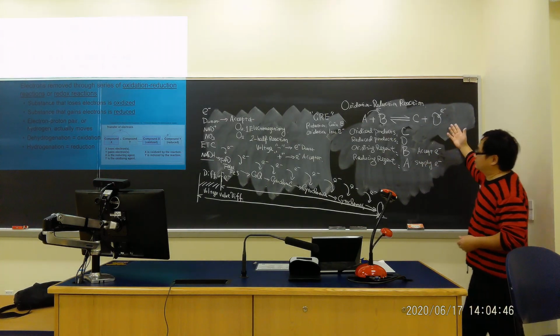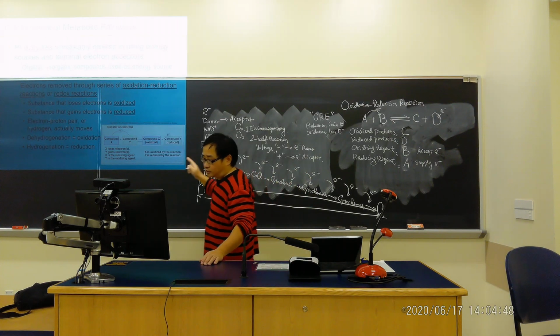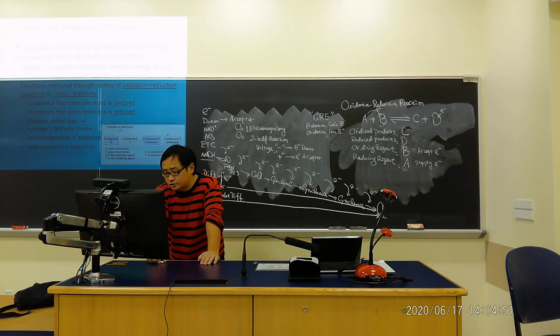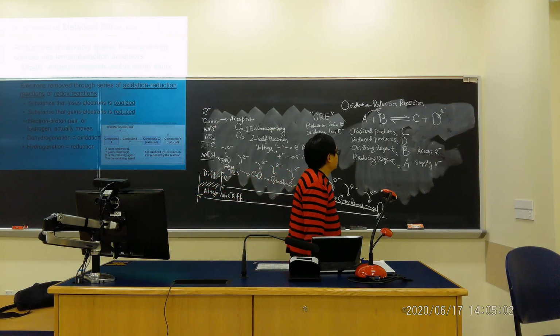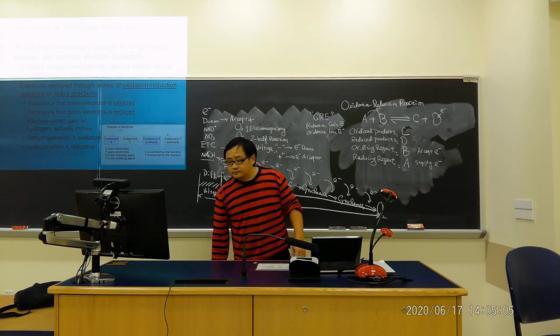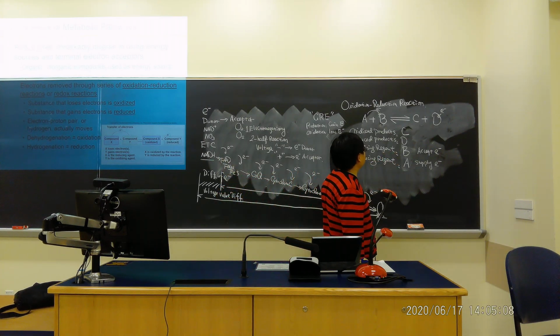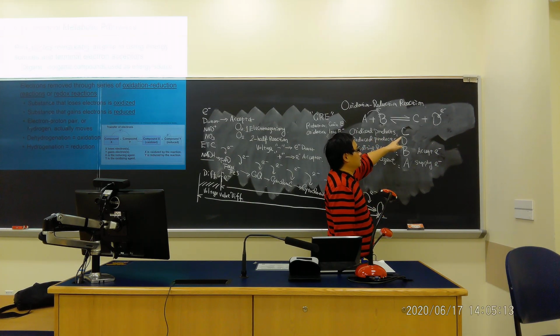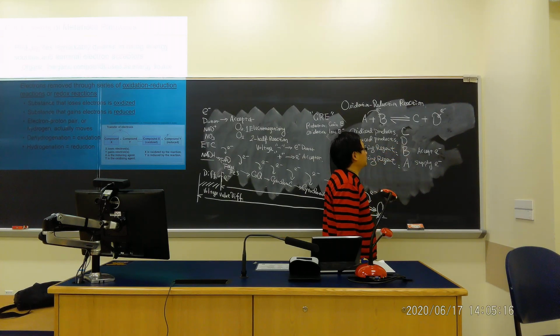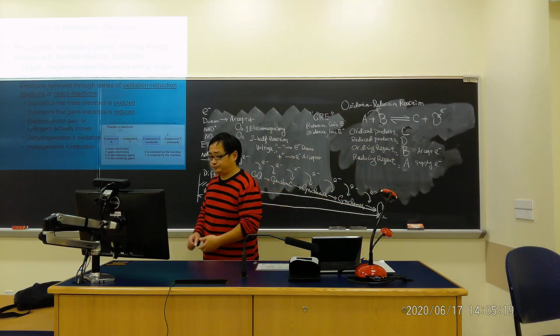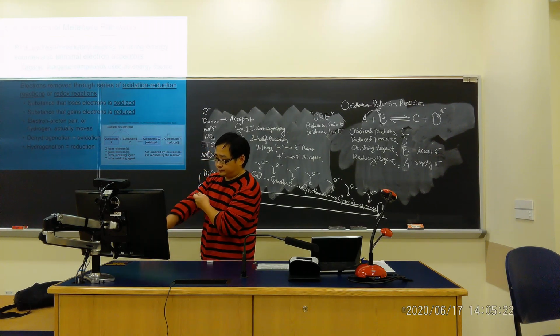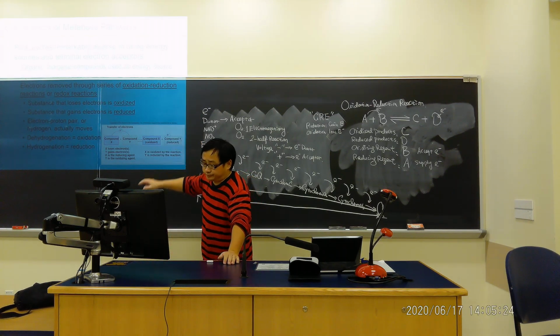Okay, so that's what happened here on the slides. X loses electrons, so X is the reducing agent. Y gains electrons, so Y is the oxidizing agent. C is the oxidized product because it loses electrons, and D is the reduced product because it gains electrons. Okay? So that's what happens right here.